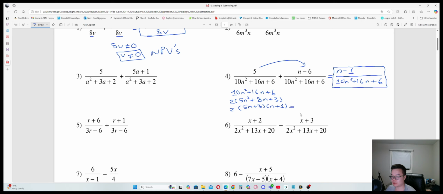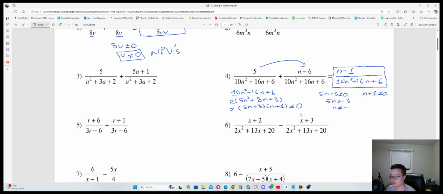Now I state each factor as not equal to 0 because I'm trying to solve for the NPVs. The first one is the first bracket, which is 5n plus 3 not equal to 0. My second statement is going to be n plus 1 not equal to 0. Then I solve these for my NPVs.